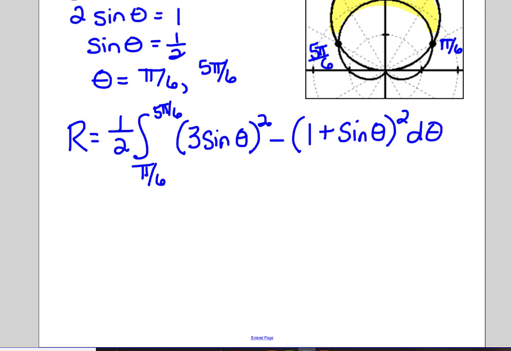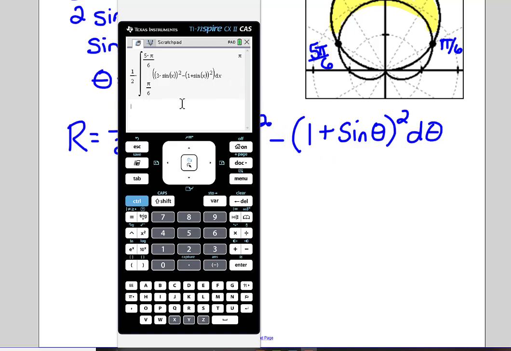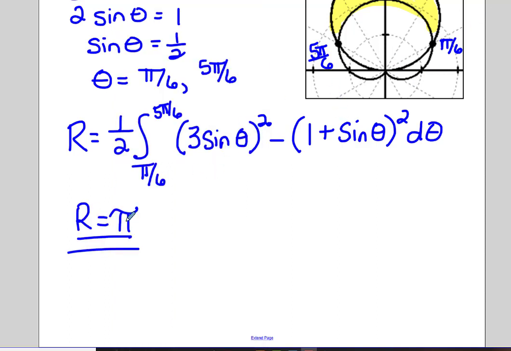Now we can calculate this. So calculating that on our calculator, it looks like the total area is pi. So just using our calculator to work efficiently here.